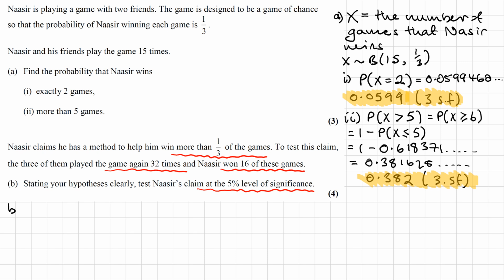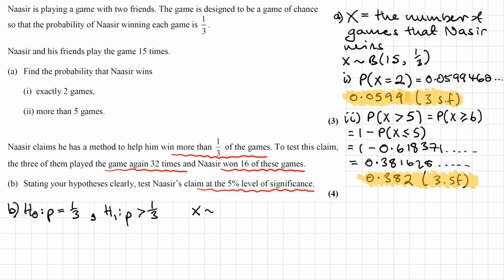Okay, so the first thing we do when we do any type of hypothesis test, and we need to state our hypothesis clearly, is to write down what's H0 and H1. So H0 is going to be that the probability is 1/3, that there's been no change, and H1, that the probability is now greater than 1/3 because of this phrase here, more than 1/3 of his games.